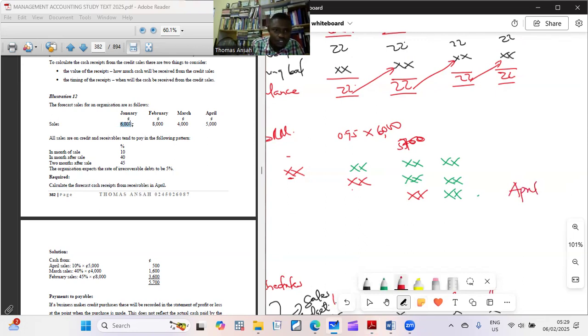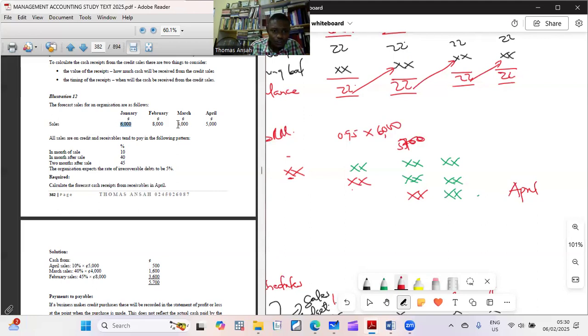If you pick this January, the money that you can get in the first month is 10%. But we are not asked to do the first month, January. The next month, it says month after sales, you will get 40%. So that one too, the same 40% of the value.